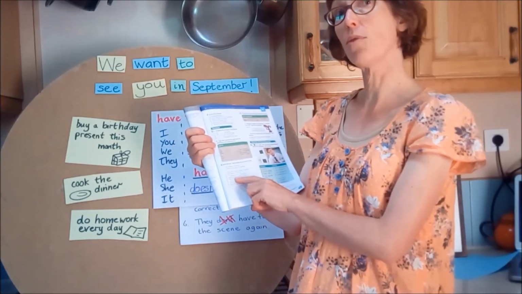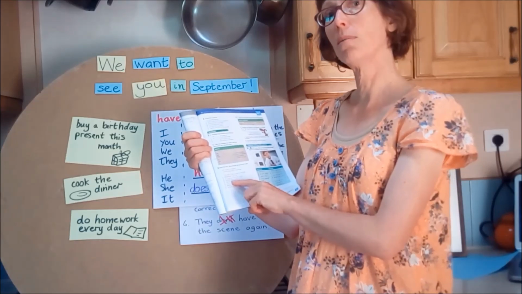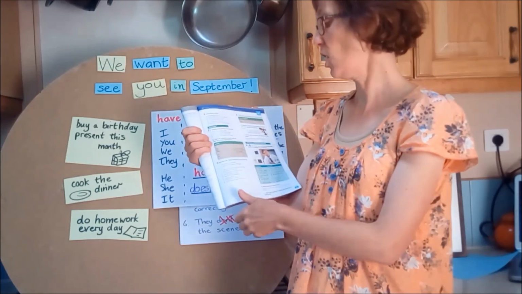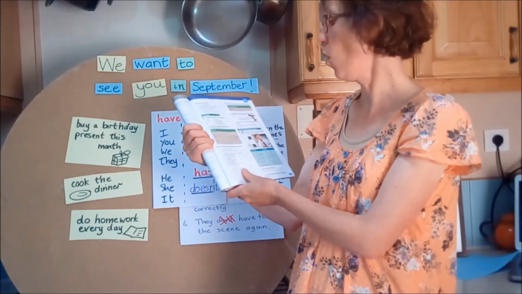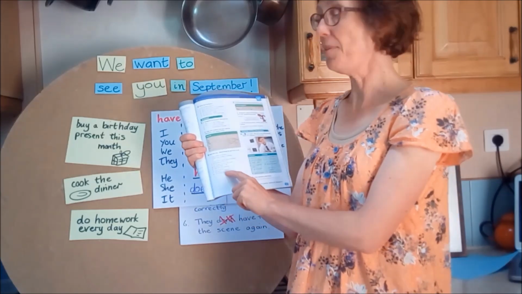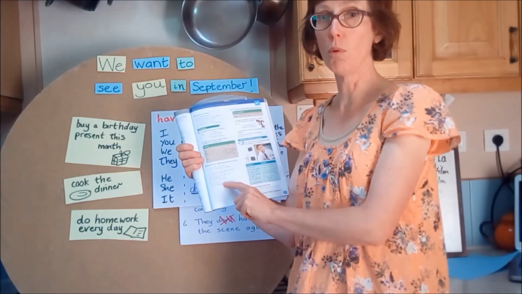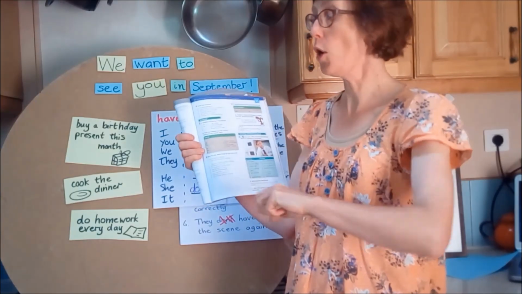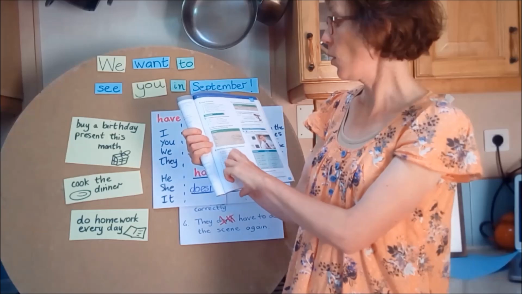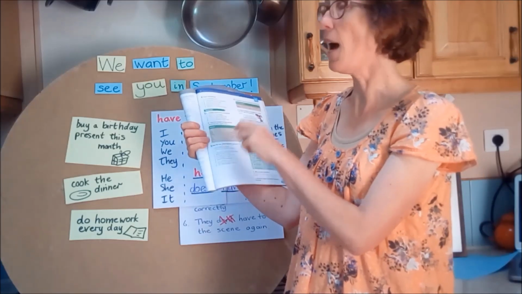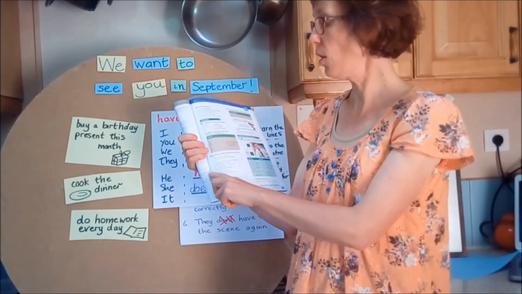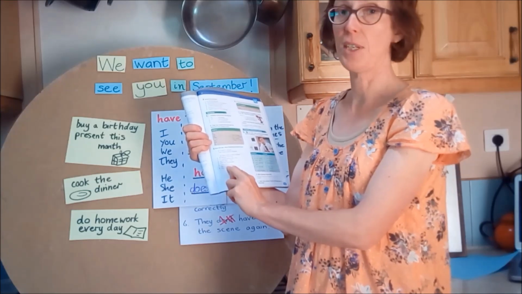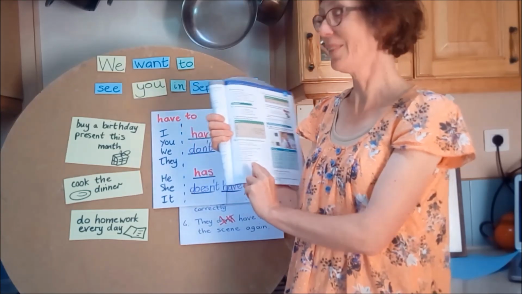Paul, do you have to take the dog for a walk? Yes, I do. The dog likes walks. Do you have to take the bus to school? At the moment, no, I don't. So write me some sentences. I have to walk the dog. I don't have to take the bus to school.